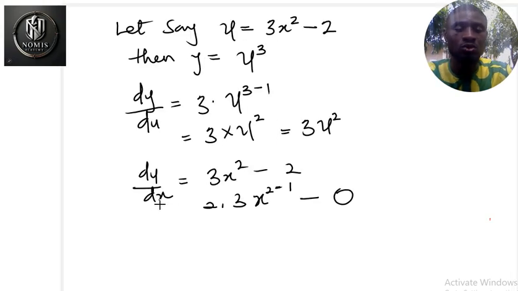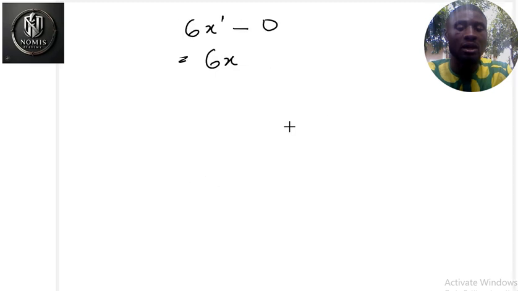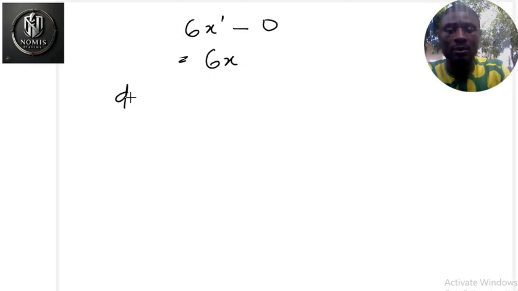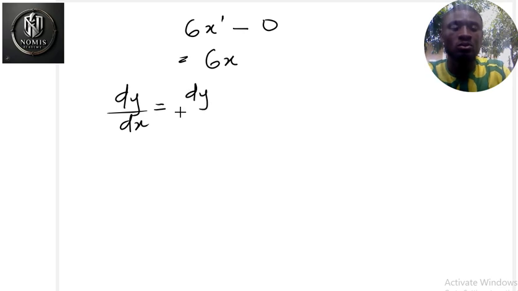So my du/dx is equal to 6x, and my dy/du is equal to 3u squared. So I'm now going to join them together by saying dy/dx is equal to dy/du multiplying du/dx.